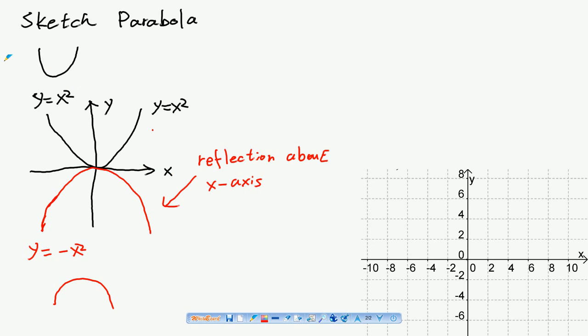That's the first thing we have to know before sketching a graph: the shape of a graph always.